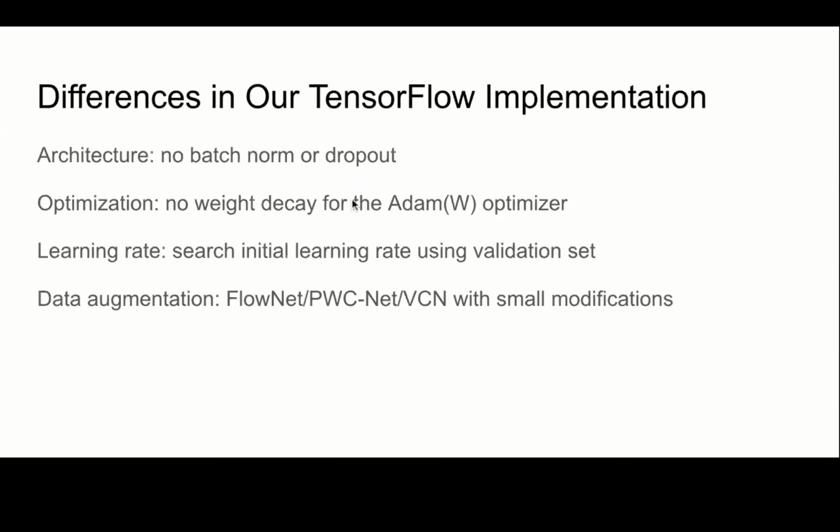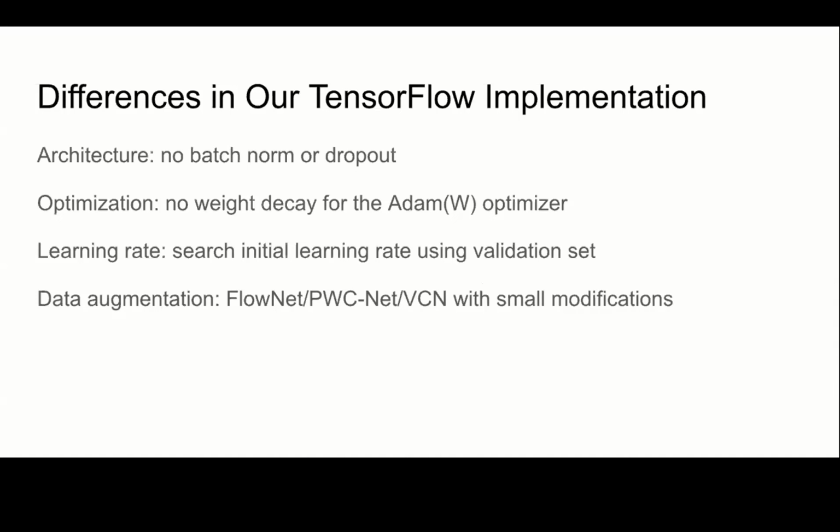And with all these changes, we basically have to search again the initial learning rate by looking at the performance on a validation set. And one of the major differences is that our data augmentation is based on the data augmentation scheme by FlowNet or PWC-Net or VCN with some small modifications.